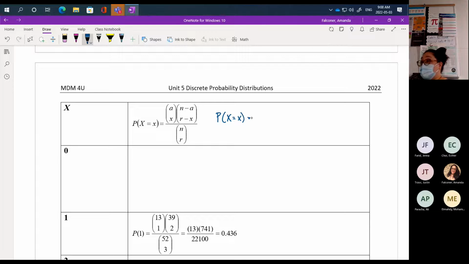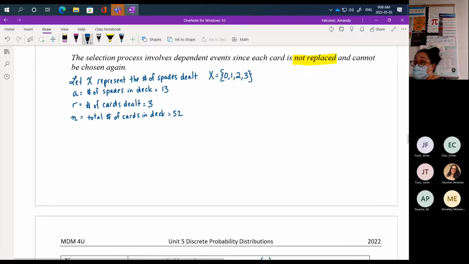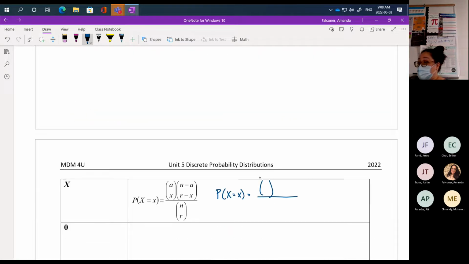We're going to throw in what we know, right? What we already said. So the A value, if we just go back up a little bit, was 13. So it's 13 choose X. And then that second wider combination was N, 52, minus A, which was the 13.